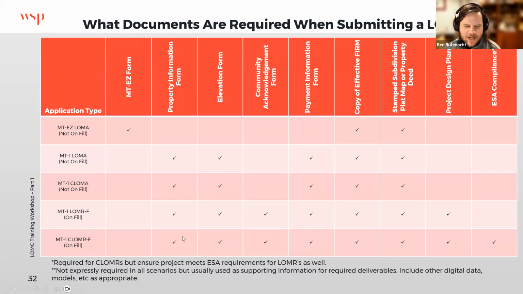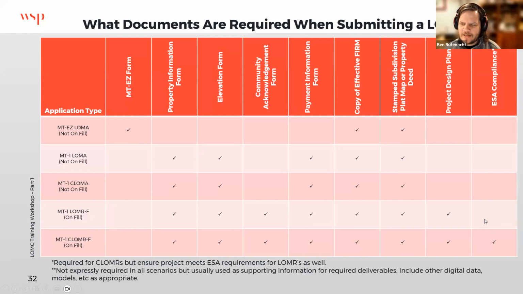I want to point out this is kind of the same thing for LOMR, CLOMR that we'll talk about later. But you see that the LOMR does not require the ESA compliance, but the CLOMR does. This is assuming that you've already gone through your due diligence and done the ESA compliance. So really, you should be doing an Endangered Species Act check, whether you're doing a LOMR or a CLOMR.